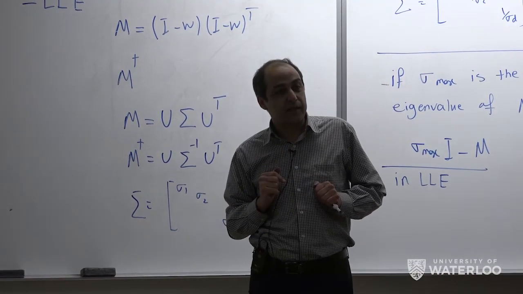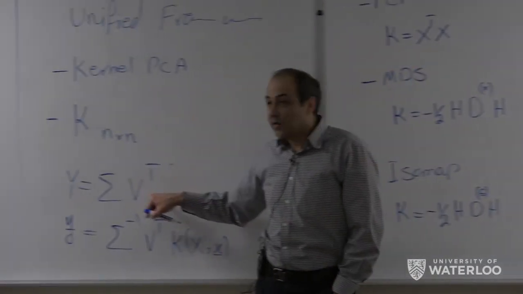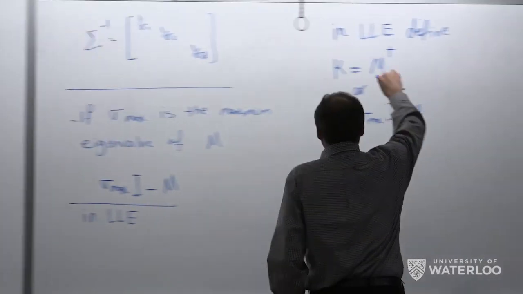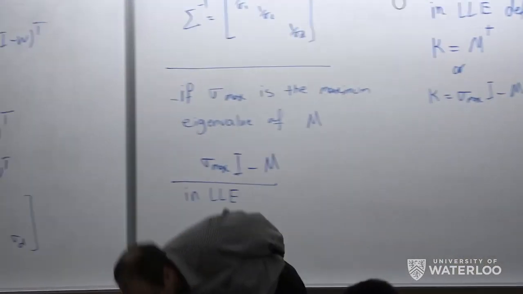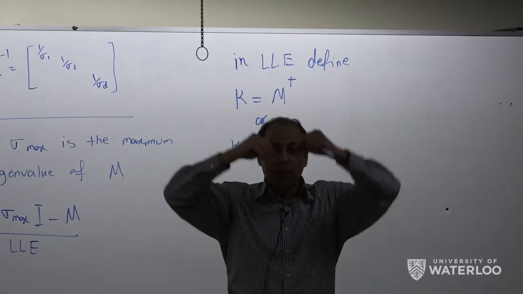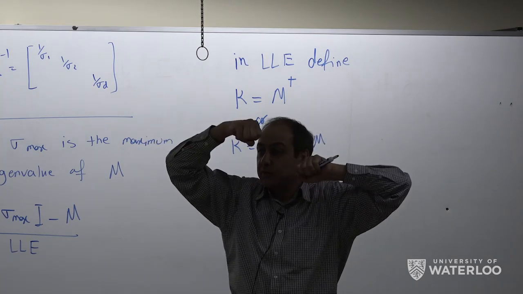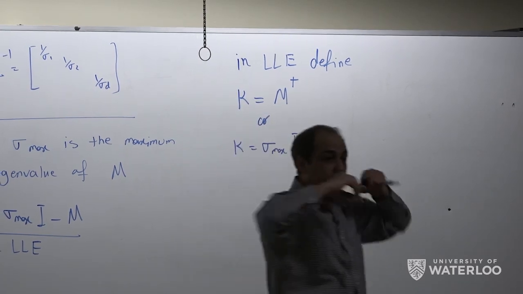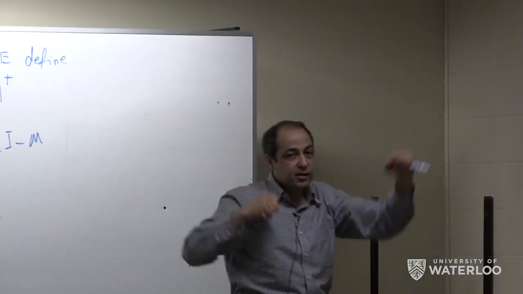But not exactly kernel-PCA, because the solution of kernel-PCA is sigma V transpose. The solution of LLE is just the eigenvectors of M, so I don't multiply this by sigma. Sigma is the set of eigenvalues. When I multiply V by sigma, it means that I rescale each direction of V according to the corresponding eigenvalue. Each eigenvalue shows the variance in that direction, so I rescale each of these directions according to its variance.